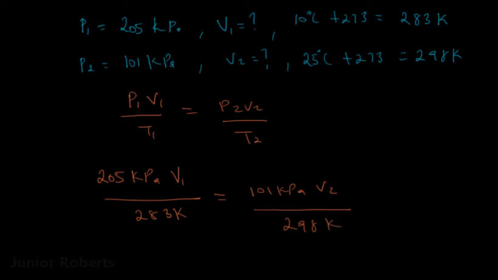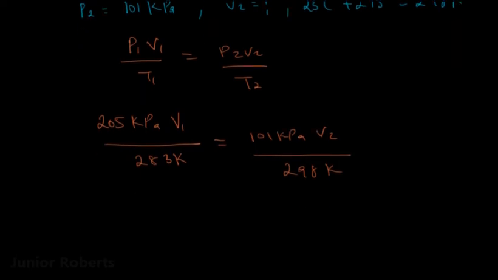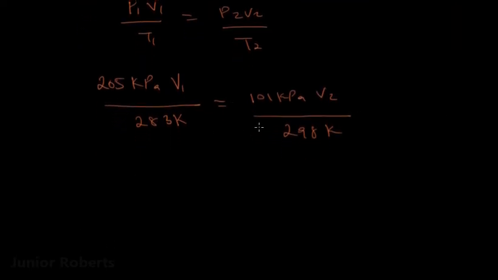Right, so once we have this now, we can go further to start to simplify this expression here. What I'll be doing is to multiply both sides by 283 Kelvin.